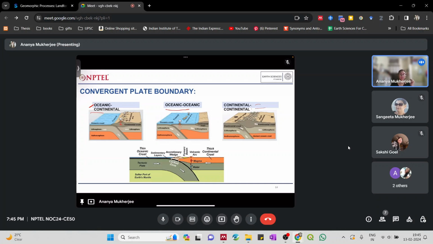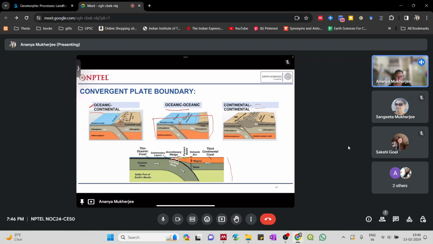So this is how different setups or scenarios can be found when we talk about convergent plate boundaries. Here is a cross section, taken perpendicular to the collision or subduction that is happening. You can see the different geological features that are formed. This is the locked zone, where the two plates are locked with each other.